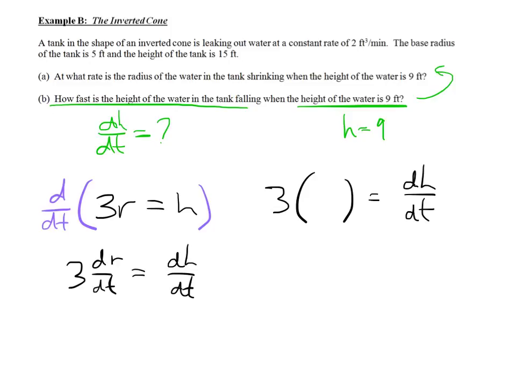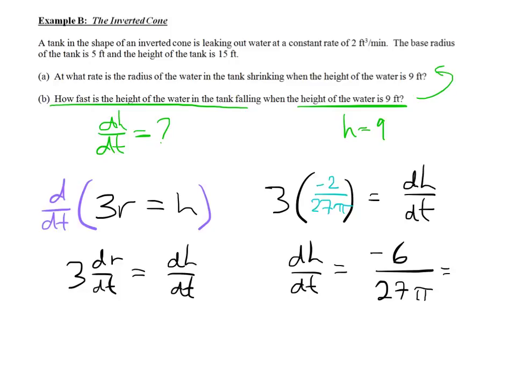And what was our answer from part A? Well, we already got that from earlier, and that would have been negative 2 over 27 pi. So in this case here, our height is actually pretty easy to solve for now. dh/dt is going to be equal to negative 6 over 27 pi, which simplifies to negative 2 over 9 pi.